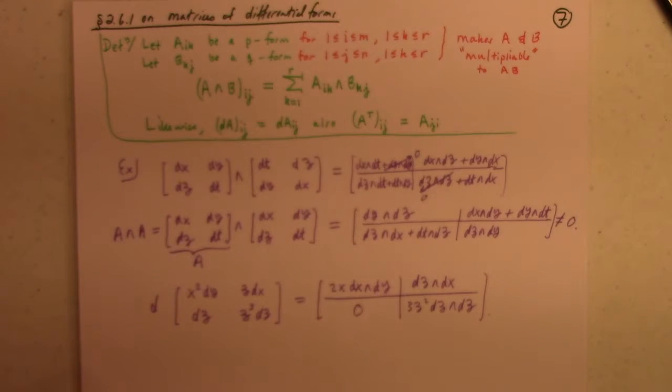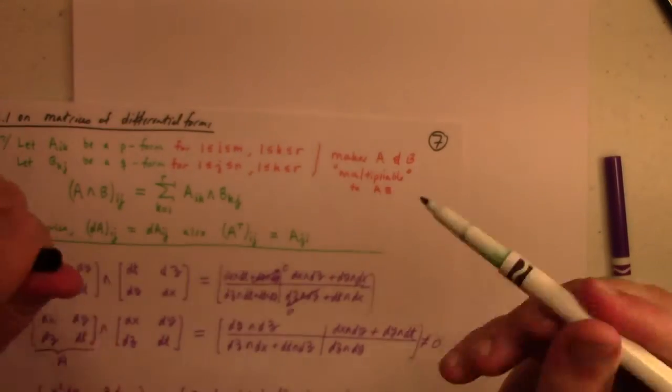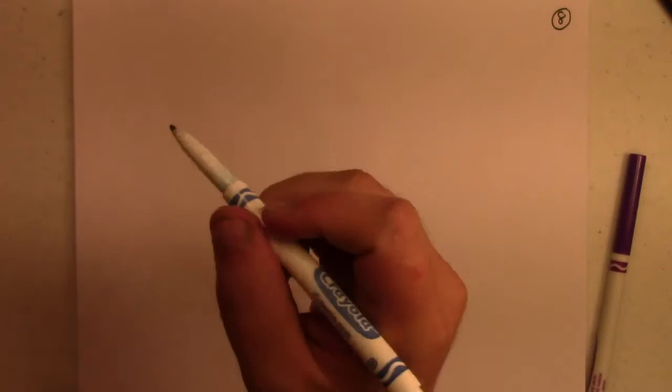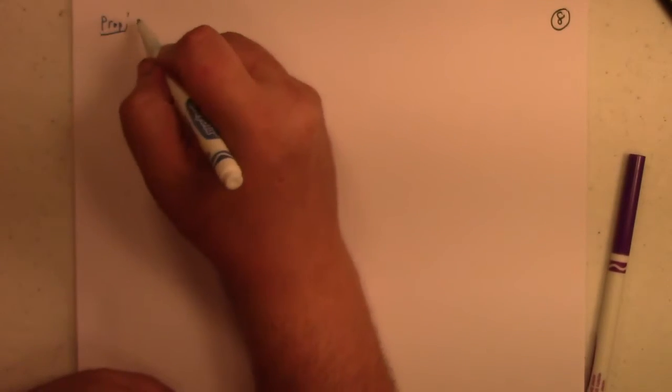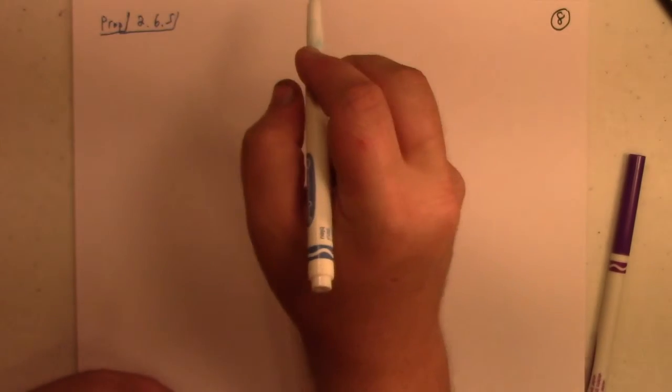Anyway, let's just go ahead and get past this example and look at something slightly more interesting. And that is the product rule. Proposition 2.6.5. Alright.